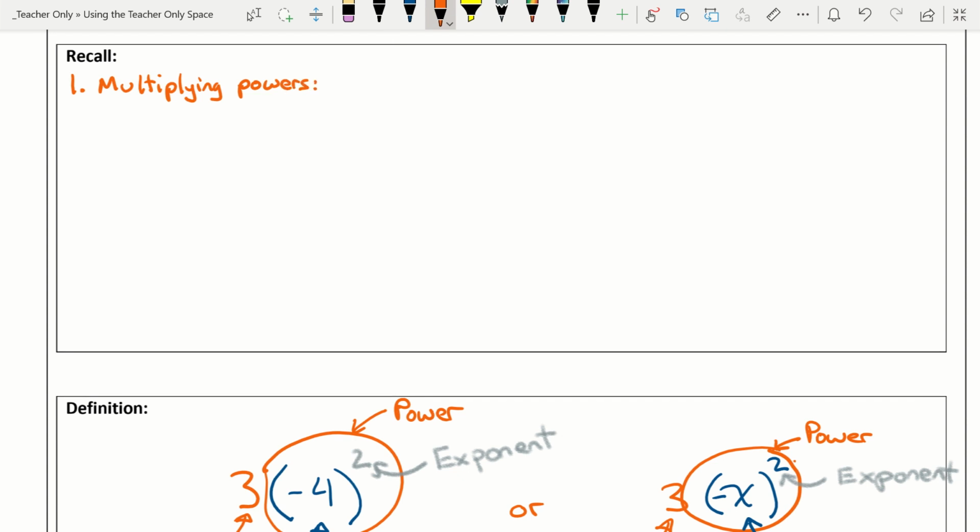As an example, 3 to the 4th times 3 cubed. We take 3 and go 4 plus 3, which is 7, so 3 to the 7th. So what we do is add exponents.